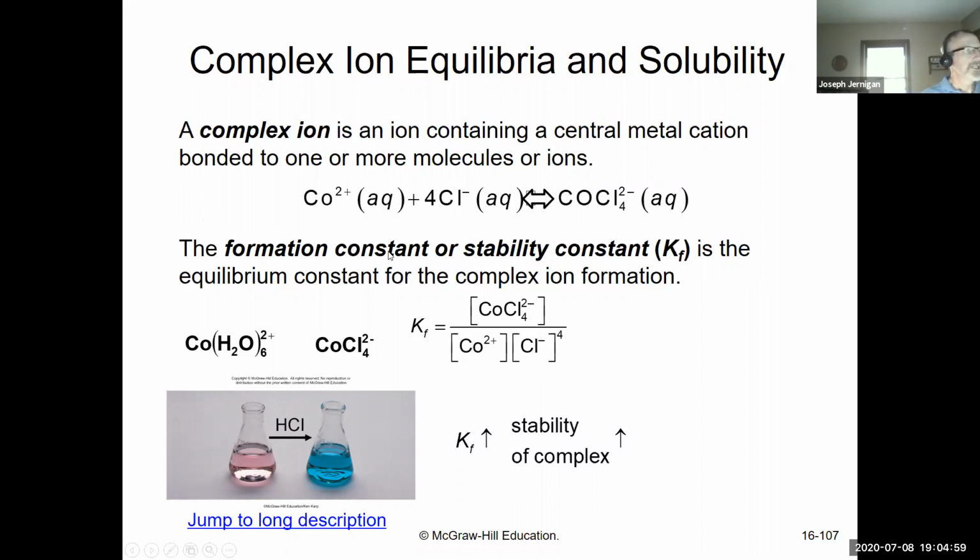The formation constant, or stability constant, is the equilibrium constant for the complex ion formation. K sub f is products over reactants, just like all equilibrium constants we talk about, right? As K f gets bigger, the stability of that complex gets bigger, because it's on the top of that fraction. A more stable complex with the ions that were added will have a larger K sub f, hence it's called the formation constant.